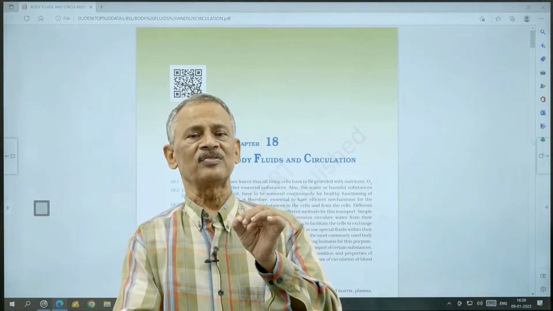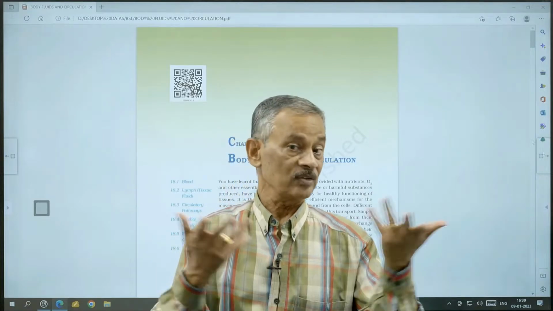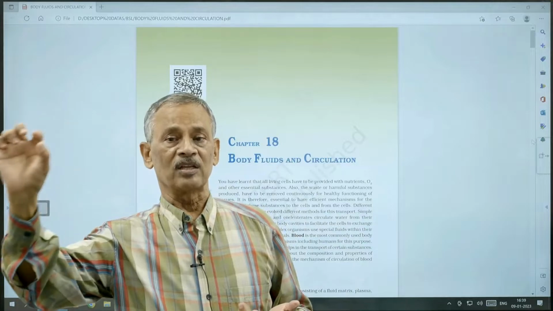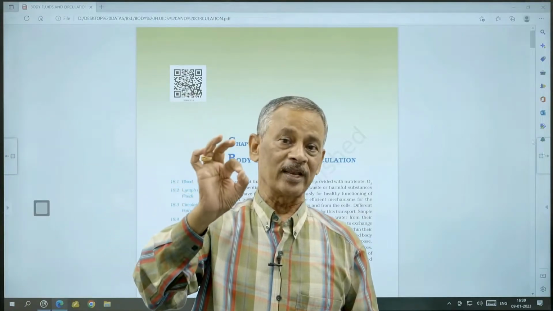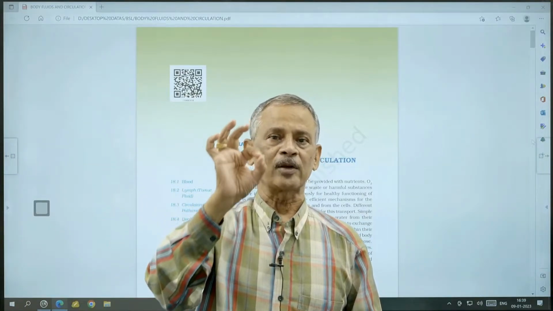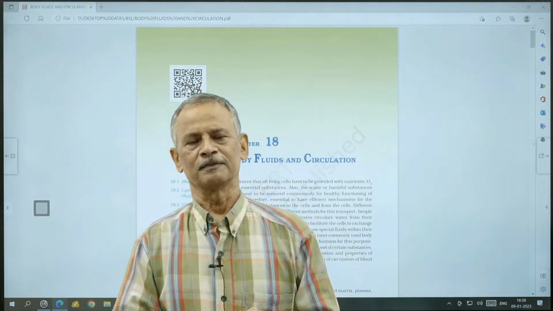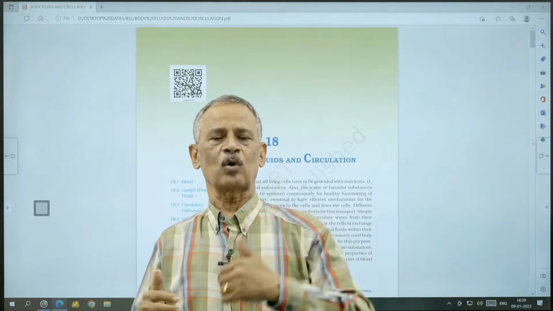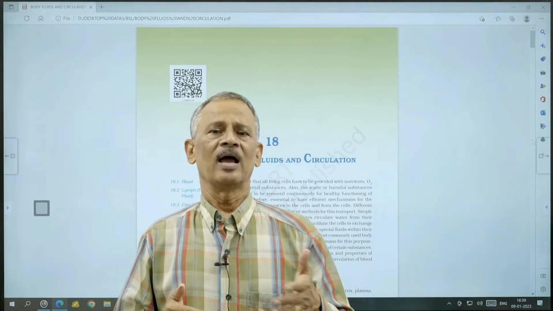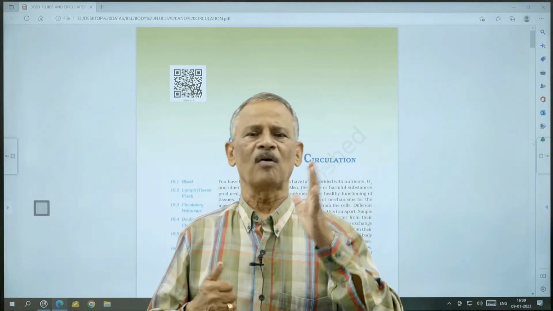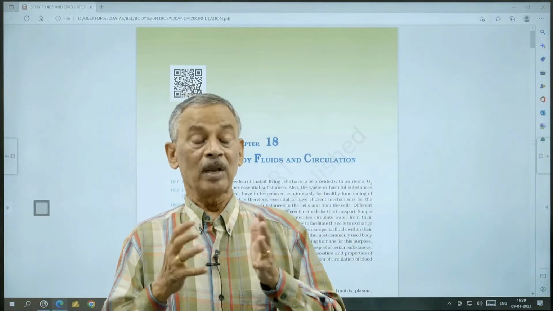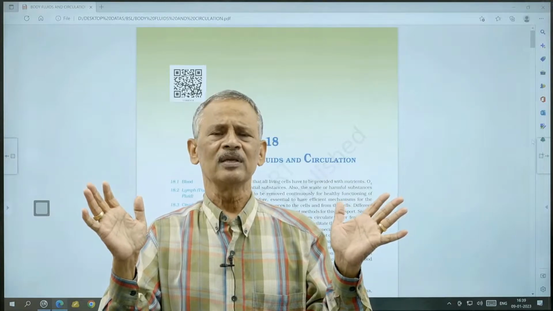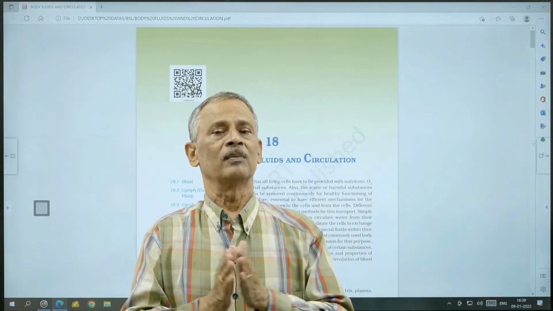This system is having an advantage. What is that advantage? The amount of blood supplied to each and every organ can be well controlled and regulated. Whereas in lower organisms, as in the case of cockroach, which is an arthropod, and in some of the mollusks, etc., blood is flowing through open spaces. There are no specific blood vessels in them.